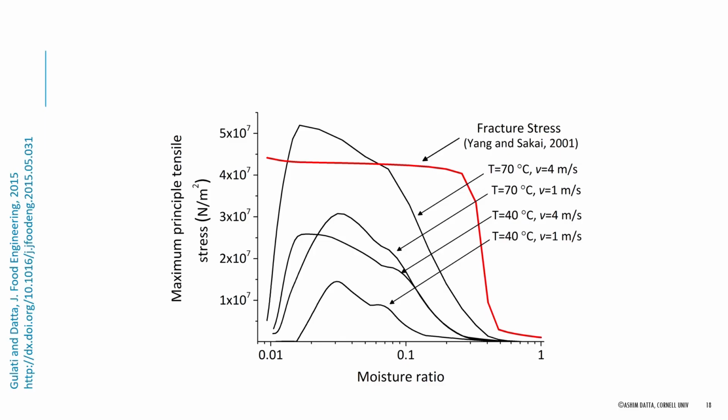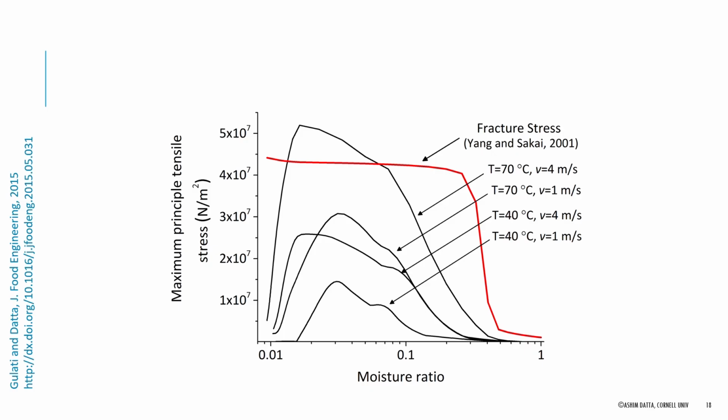Can a food material crack during drying? This plot shows how the maximum principal tensile stress, one of the measures of maximum stress inside the entire food material, would develop as the material is dried.